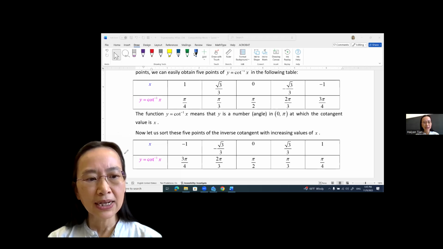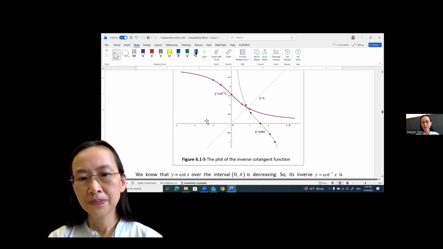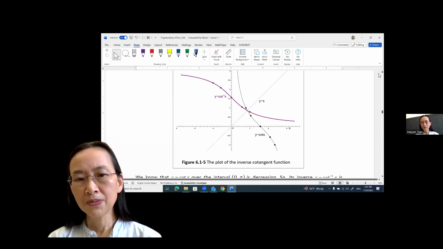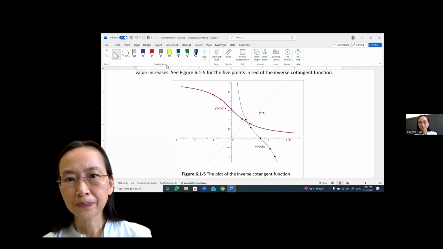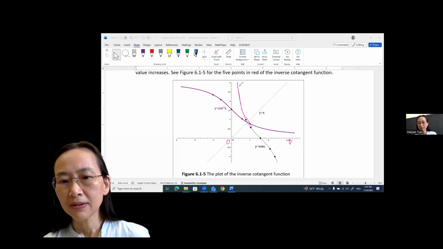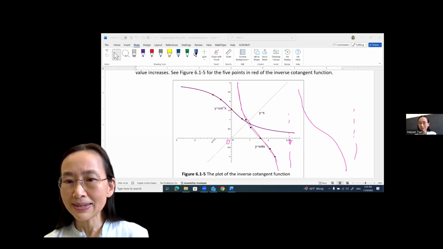So just like a cotangent curve was decreasing. So you can see the cotangent curve from 0 to pi. From 0 to pi, the cotangent function is decreasing, right? This is 1 period, and next period will be, yeah, contrast to the tangent function.